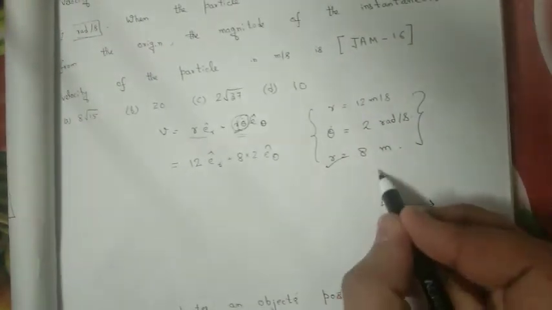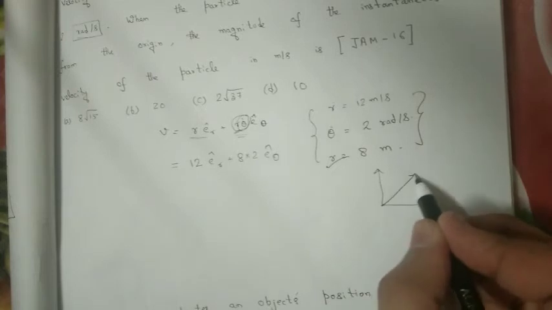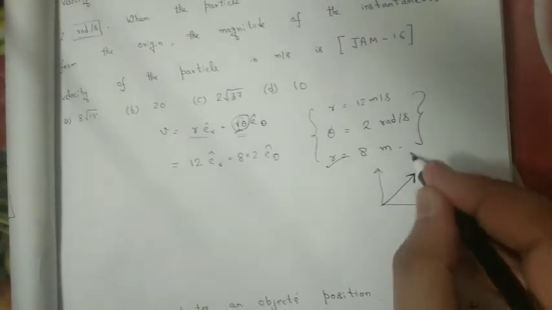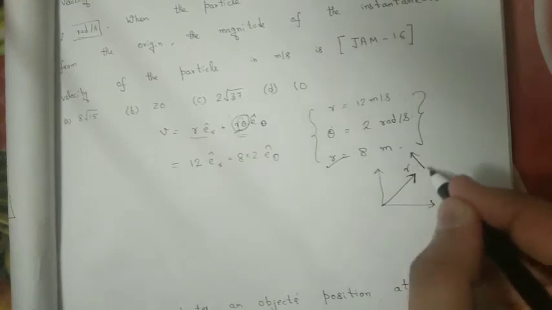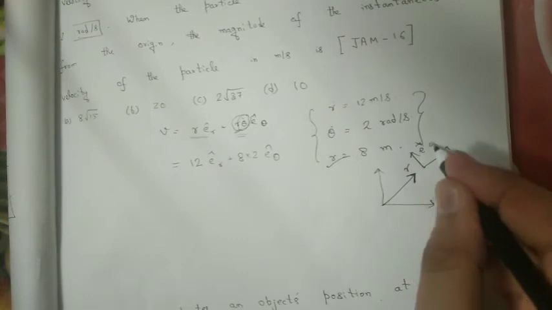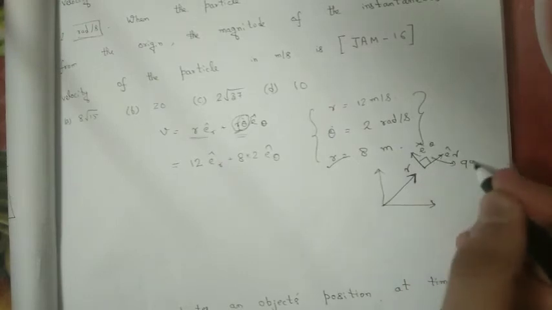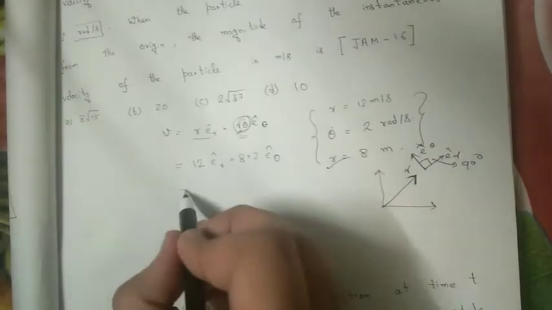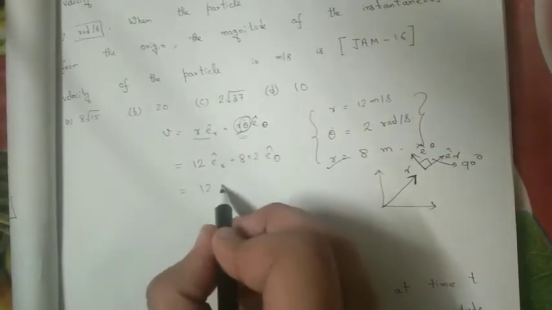if you draw this, I have told you that this is the direction of r, and this is the direction of theta, this is orthogonal, that is 90 degree, so the direction is always 90 degree.